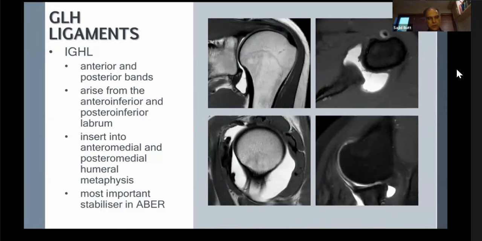The classic position is described as a patient lies with their hand behind the head, with the shoulder abducted and externally rotated like that. If you do that, then this structure right at the lower end is the stretched out inferior glenohumeral ligament. It's an important stabilizer of the shoulder, and we'll see examples of when it gets torn.